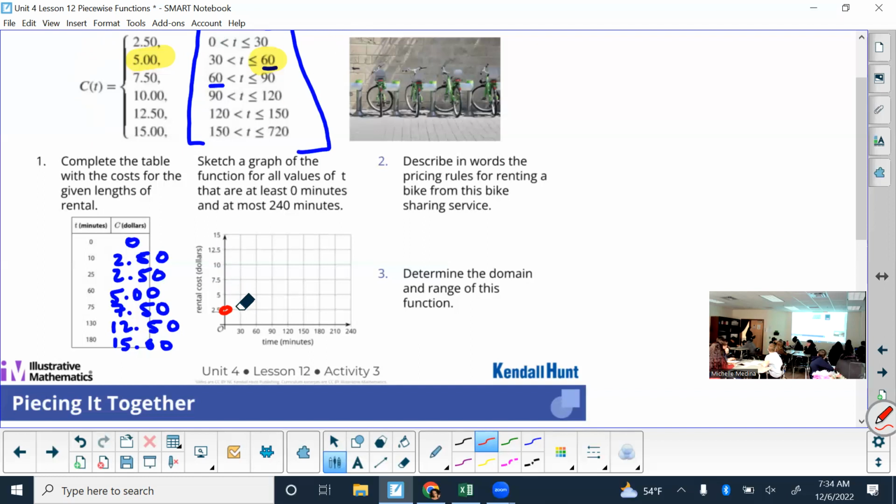So at 30 exactly, is it $2.50 still? Class? Yeah. So I'm going to put a closed circle on the 30, and I'm going to connect the open and closed circle with the line. Because isn't anything from 0 to 30 $2.50? Yes. So we're graphing based on the rules, not the table. I know that might be weird, but just making sure.